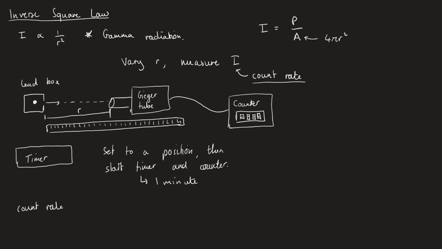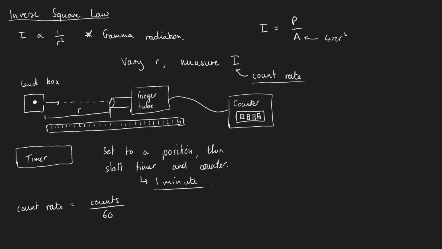The word rate, we should remember, just means per unit time. So it's the counts divided by 60 in the case where we have 1 minute. Obviously, if your time is different, if you had 10 minutes, for example, you would do the counts divided by 600. Then we now have the count rate.